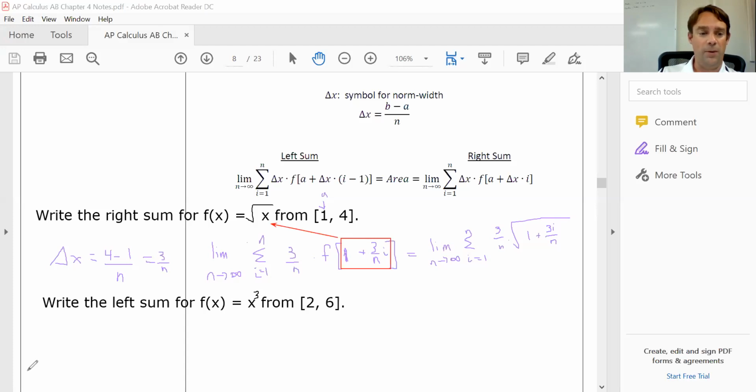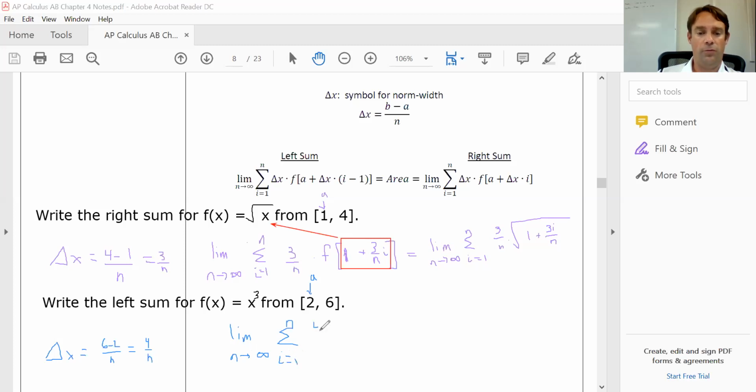All right, friends, let's see how you did. So we have a delta x. That's going to be our b minus a. So 6 minus 2 divided by n. So that'd be 4 over n. Okay, here's my a value right here. So we plug it all in: the limit as n goes to infinity of the sum from i equals 1 to n.